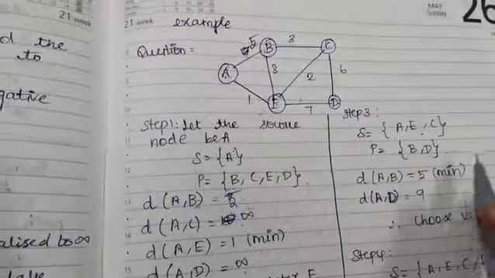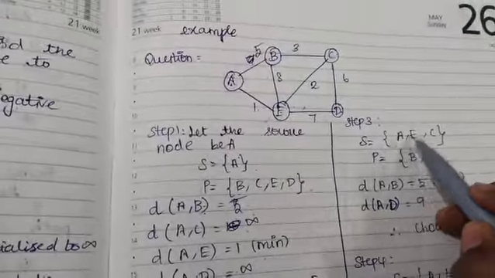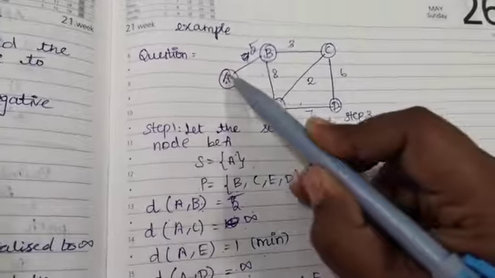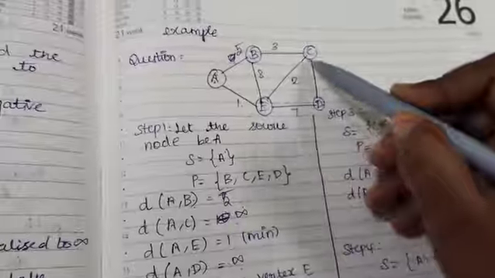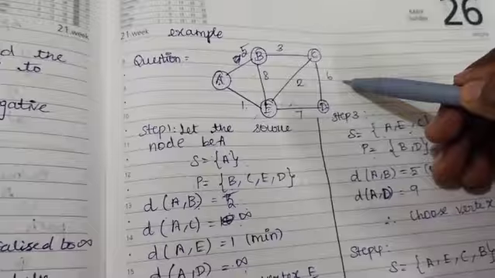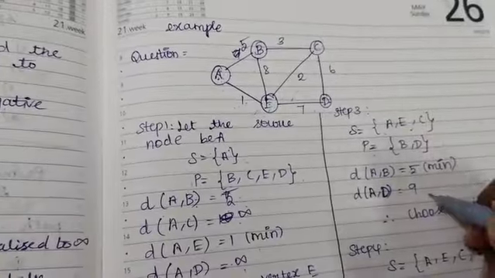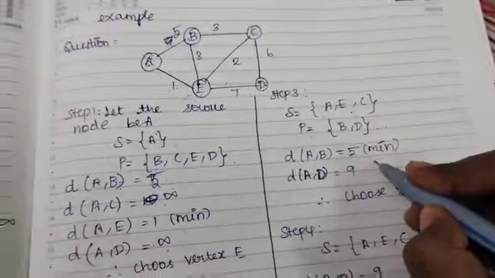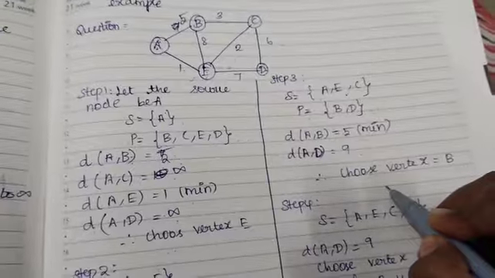Then for A comma D, the path A, E, C, D: 1 plus 2 plus 6 is equal to 9. Here the minimum value is 5, so I choose the vertex B.